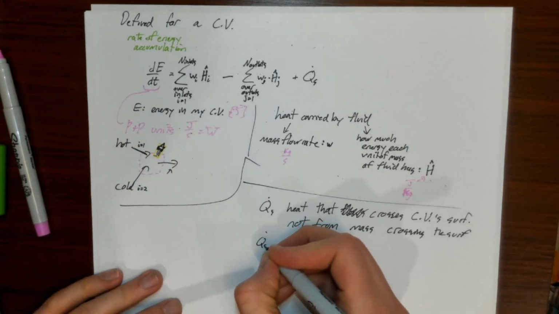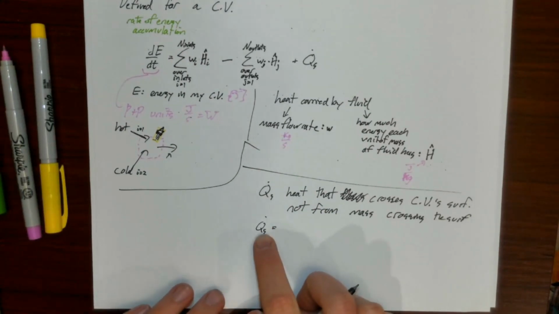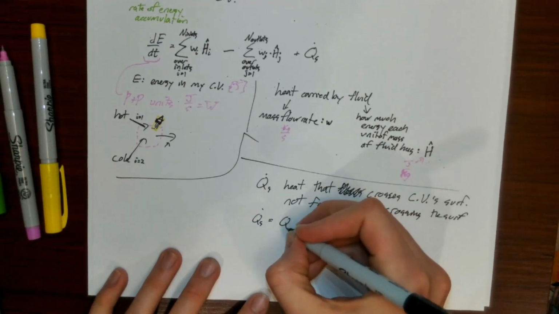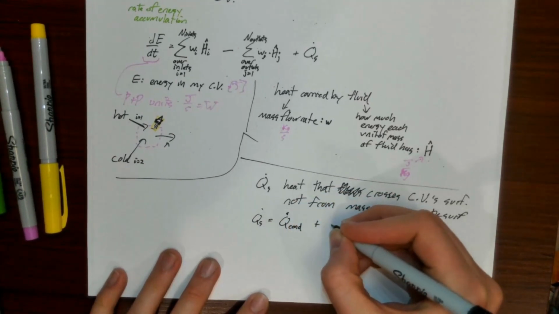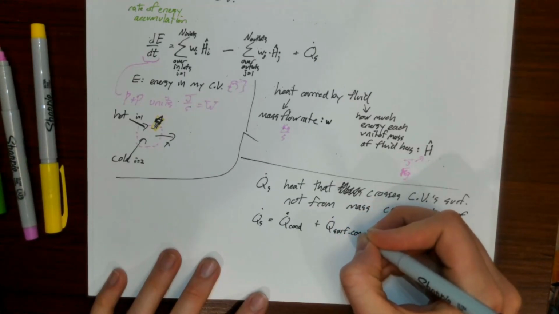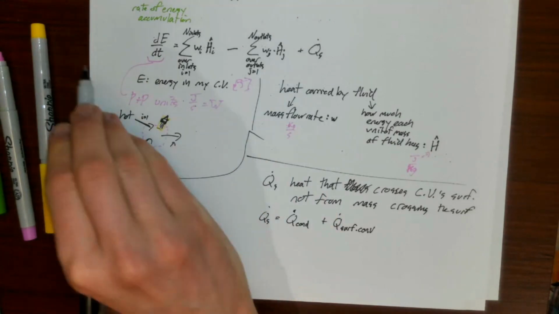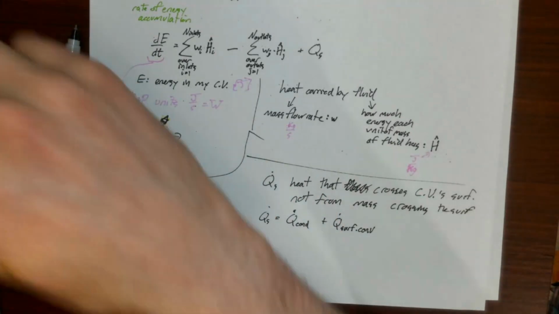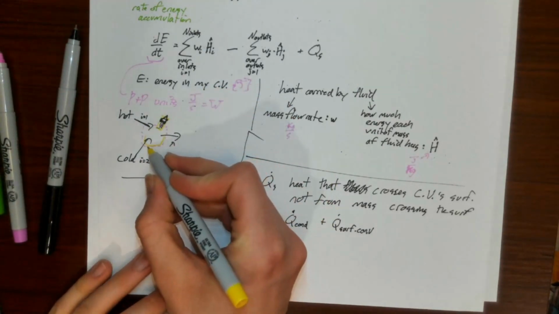So my Q dot surface could be from one of two phenomena. I could call it a Q dot from conduction plus a Q dot from surface convection. So maybe I could have some heat being leached out through a copper bar, or maybe in another scenario, I have a solid part of my control volume right here.